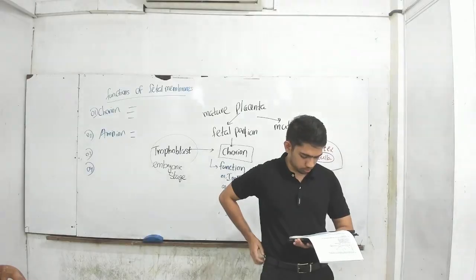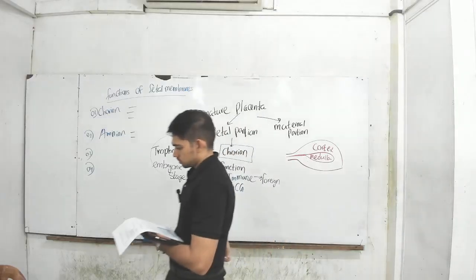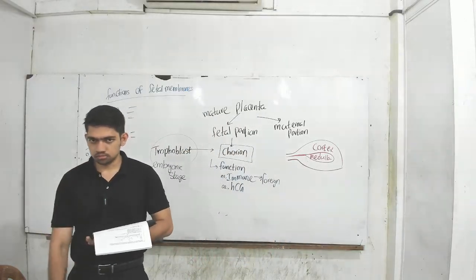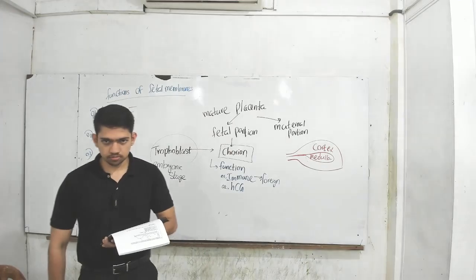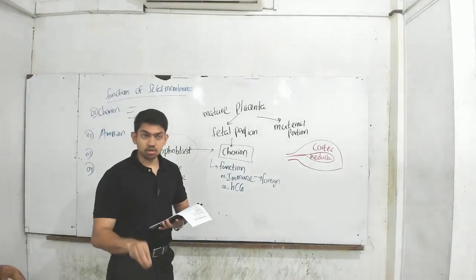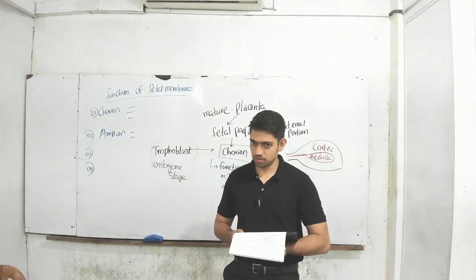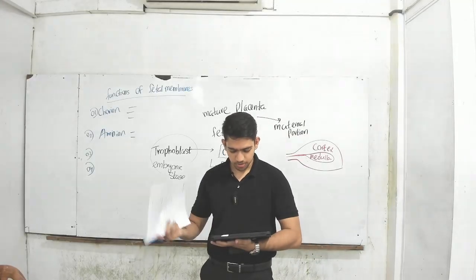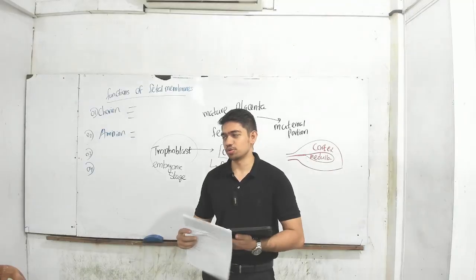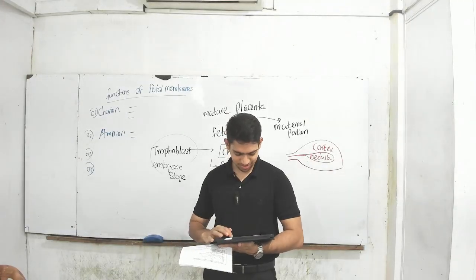State two sources of progesterone during pregnancy. During pregnancy, corpus luteum, right? In the early stages of pregnancy, you have the corpus luteum. What is the other one? We haven't done it yet, no?